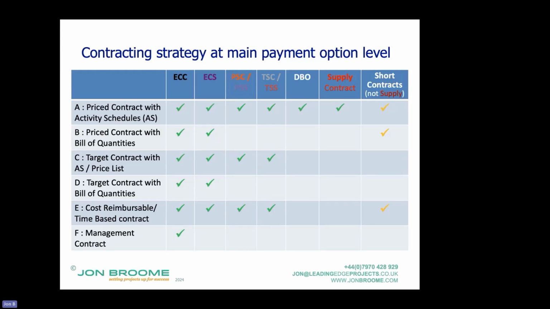But a price-based contract with activity schedules is where the contractor is paid for completed activities, and the sum of those completed activities is, in NEC speak, the prices, what the contractor will ultimately get paid. The key difference between an activity schedule contract and a lump sum contract is that with a lump sum contract, the contractor gets paid per proportion of the associated bar that it has completed.